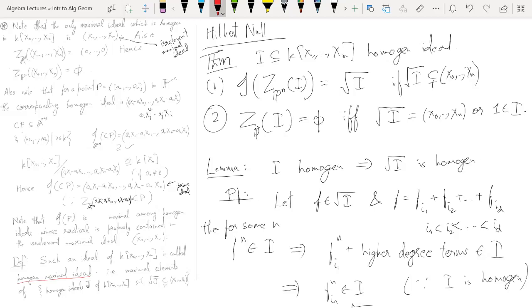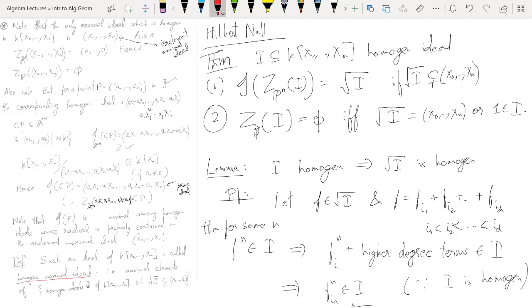I guess even if we assume that I is different from k[x0, ..., xn], then also this should be an ideal.